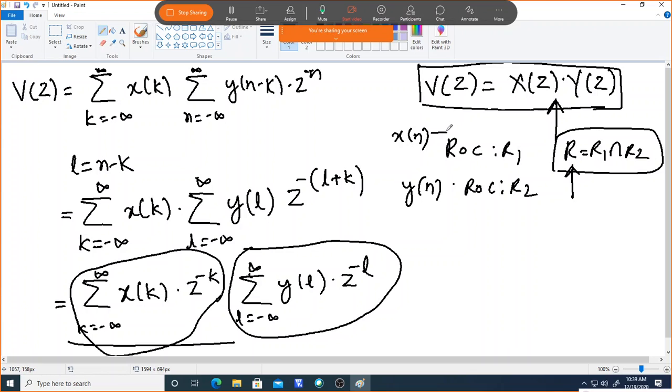That is, x1 of n corresponds to X of z with ROC R1, and y of n corresponds to Y of z with ROC R2. The convolution gives the multiplication of the signals in the z domain, and the resultant ROC will be the intersection of R1 and R2. So this is about the convolution property.